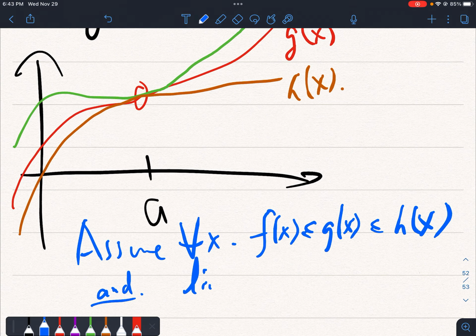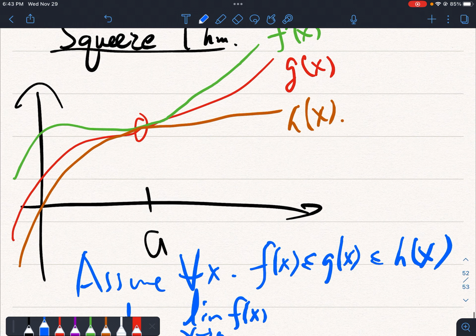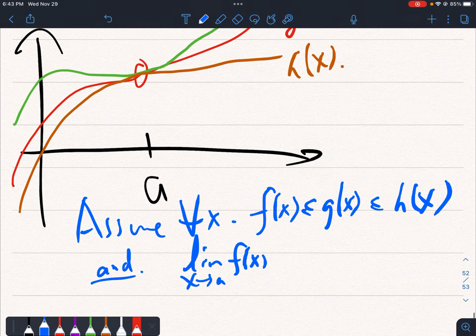So this is kind of like a squeeze. And also we assume that the limit as x approaches a of f of x and h of x, like the green line and the brown line, will converge to a limit that is the same. And the squeeze theorem says that this will force g of x to have the same limit.